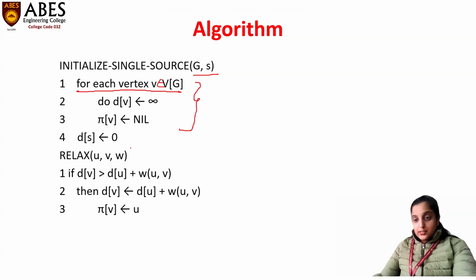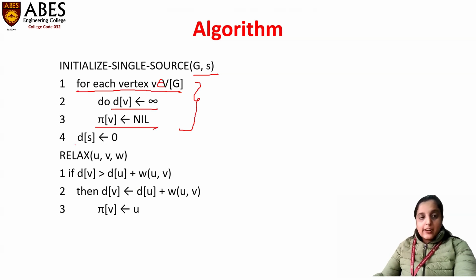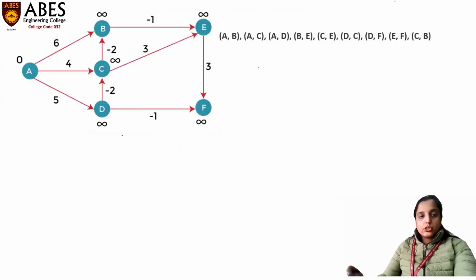I guess all these initializations are clear to you, like all these initializations we have done in Prim's as well as in Dijkstra's algorithm. So similarly, we are doing it in Bellman-Ford. It says that you have to initialize the key value of each vertex to infinity, all the parents as nil, and after that your source vertex as zero. So let's do all these things in your question. It says that you have to start your journey from some source vertex.